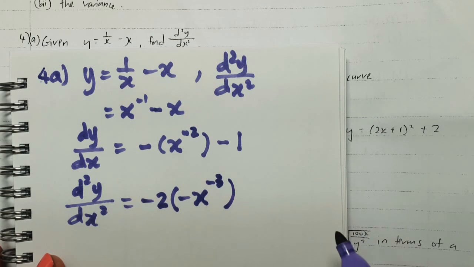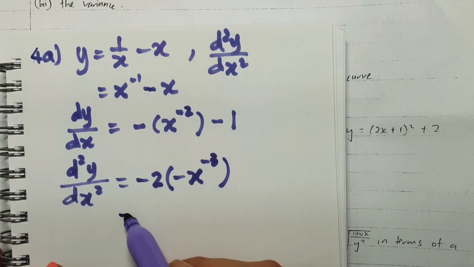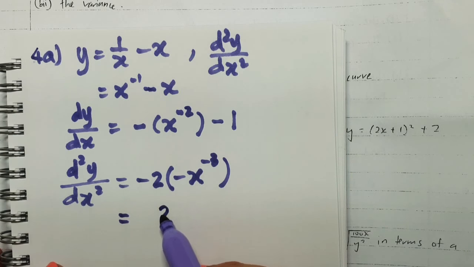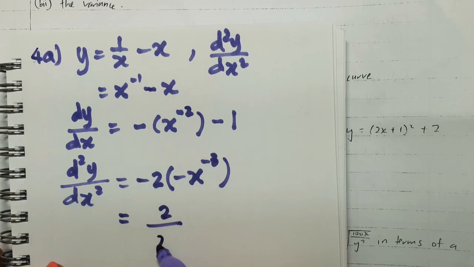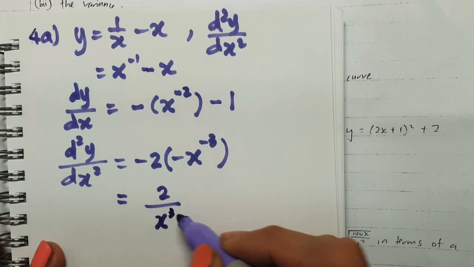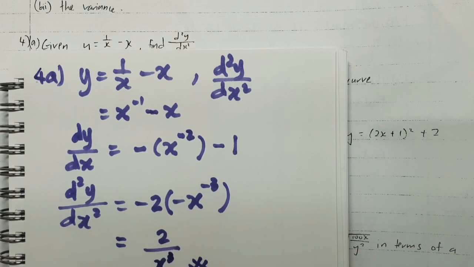And this one becomes 0 when we differentiate the constant. So all in all, negative, negative becomes positive, and the x to the power of negative 3 we write in the denominator, so it will be x cubed.